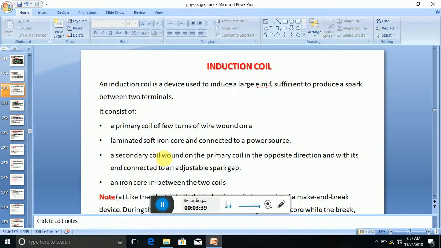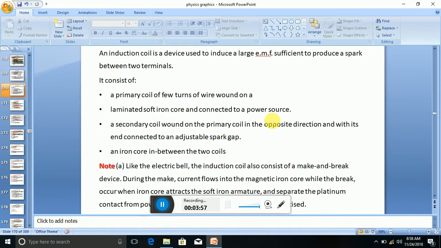A secondary coil is wound on the primary coil in the opposite direction, with its ends connected to an adjustable spark gap. It also consists of an iron core in between the two coils.